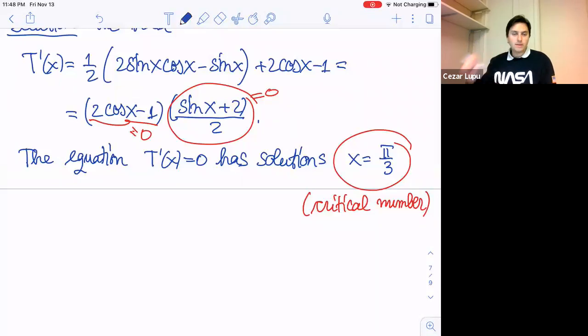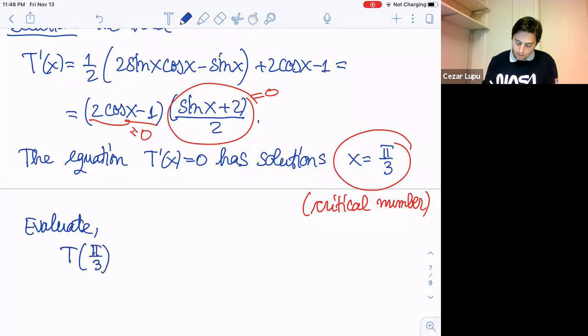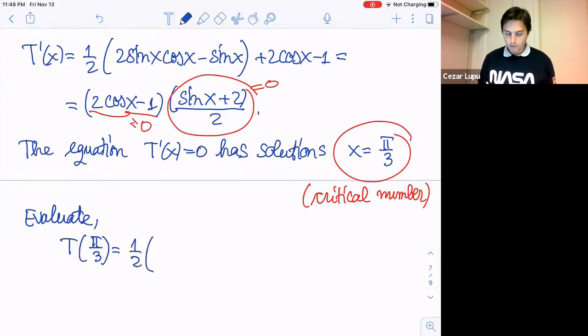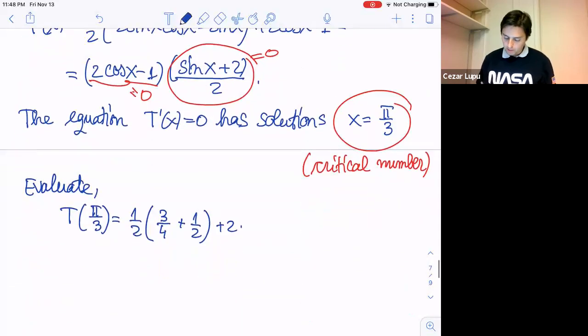And now let's evaluate this function at x equals pi over 3. So we evaluate t of pi over 3. This will give us 1/2, 3/4 plus 1/2, sorry, plus 2 times sine, square root of 3 over 2 minus pi over 3.